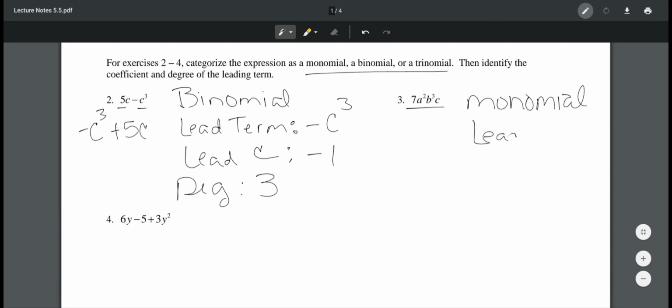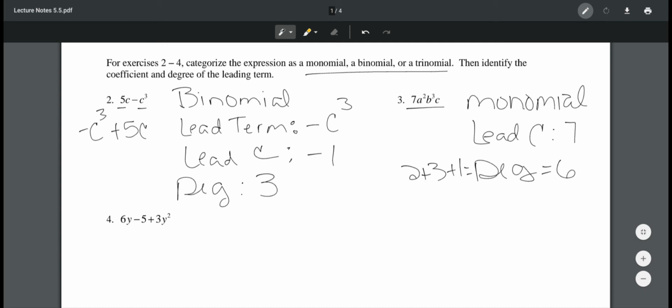The leading coefficient would be 7. And the degree would be 2 plus 3 plus 1. You add up all the exponents, so the degree would be 6. I don't physically see a 6, but I get that 6 by adding up all the exponents in that term.